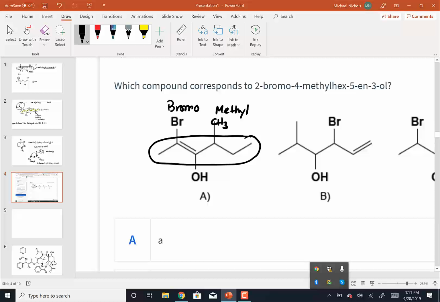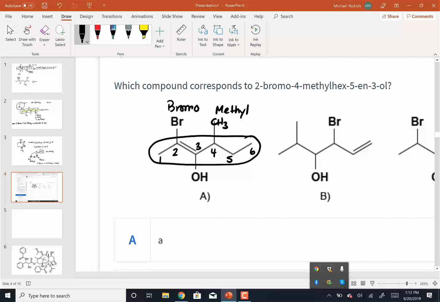Okay. So I've got a double bond and an OH. I number from the end closest to the OH, because OH is top of those two groups on my list. So that means I need to go 1, 2, 3, 4, 5, and 6, because if I went the other way, 1, 2, 3, 4, the OH would get 4.